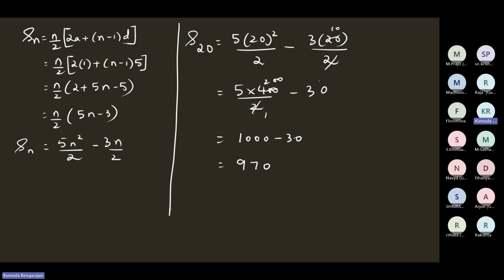Since we have Sn, you can substitute in Sn to find S20, or you can also use the formula. Both of that will give you the same answer.